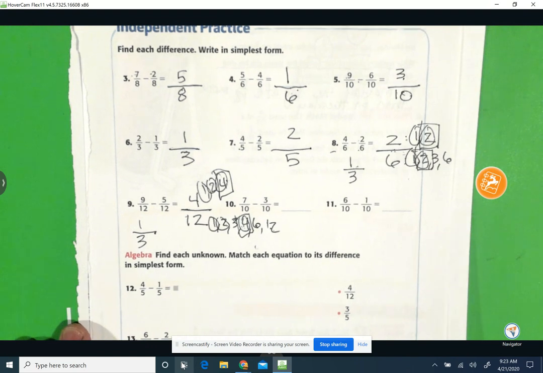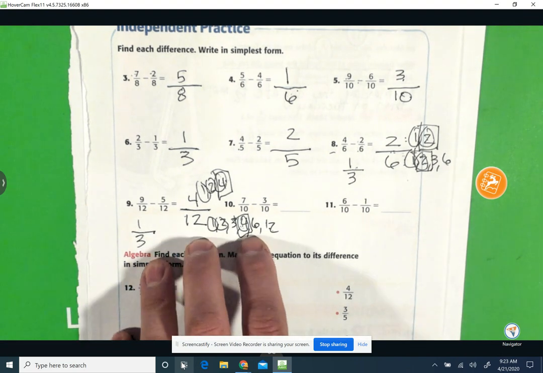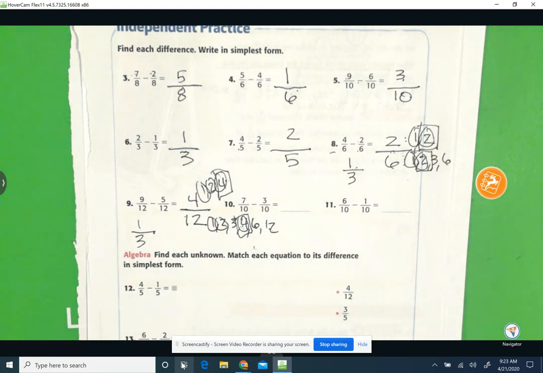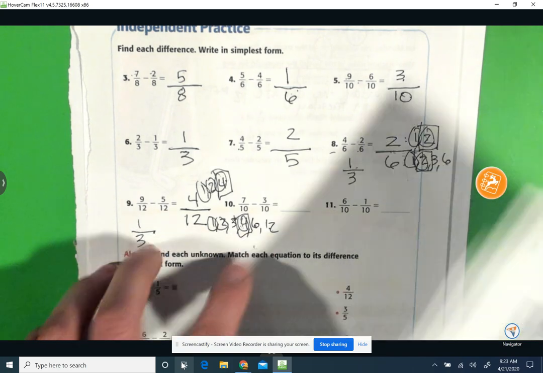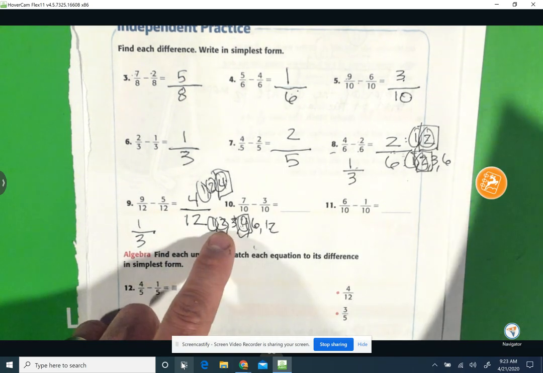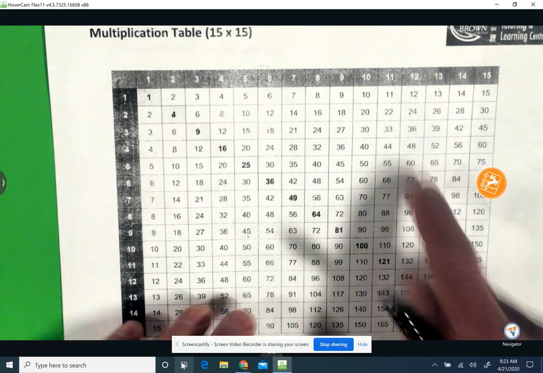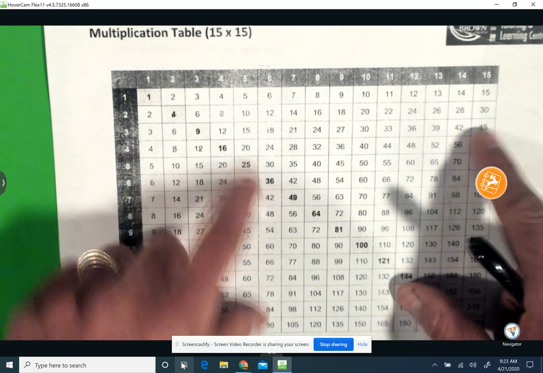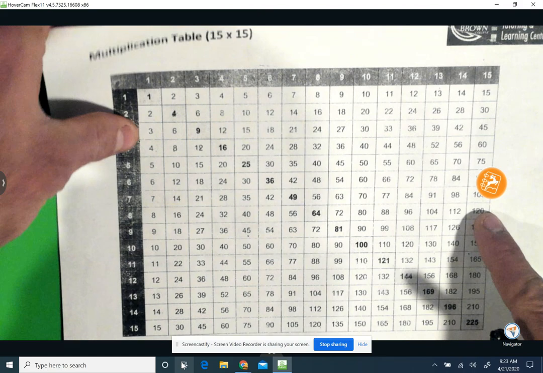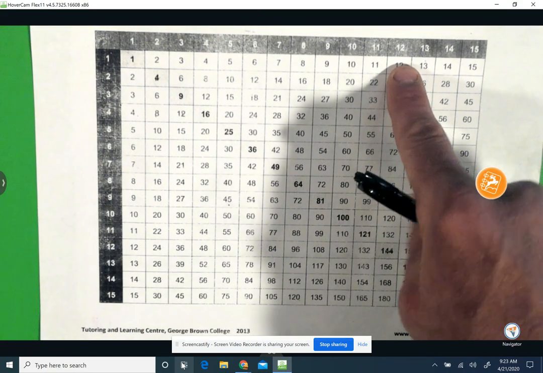If you are having a hard time listing the factors, that's when you need to get out your multiplication table. That multiplication table is there to help you when you are listing your factors. So my factors for 12 were 1, 2, 3, 4, 6, and 12. How do I do that? Well, I go through and I find all my 12s in my multiplication table, and I find a 12 here.